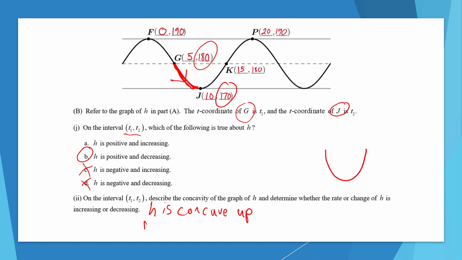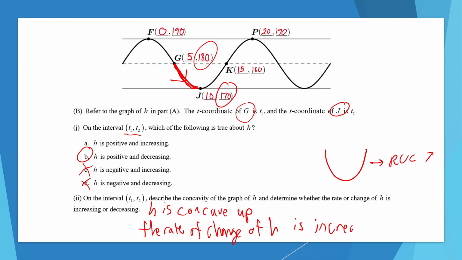And I would say the rate of change of H is, and now we just want to say increasing or decreasing. Anything that's concave up will have a rate of change that's increasing. So increasing should be our answer there. You do need to say both of these things, but as long as you do, you'll get full credit.